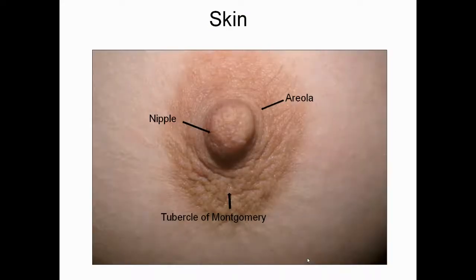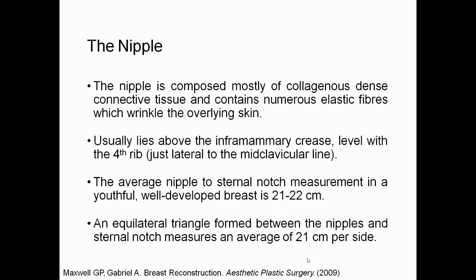In this colorful picture, we can better differentiate the nipple and areola, and this regular surface is called a tubercle of Montgomery.